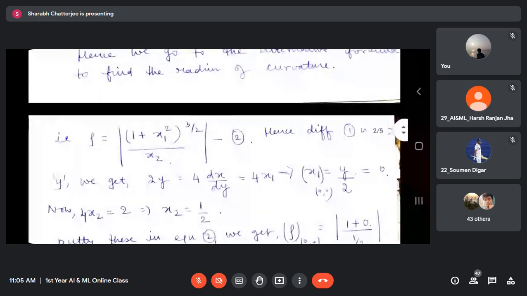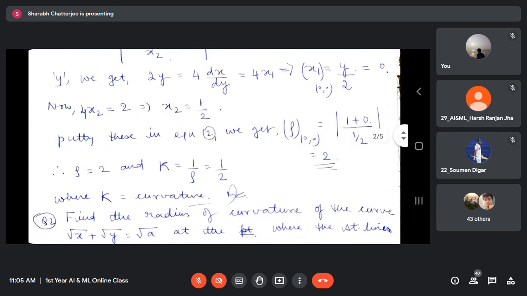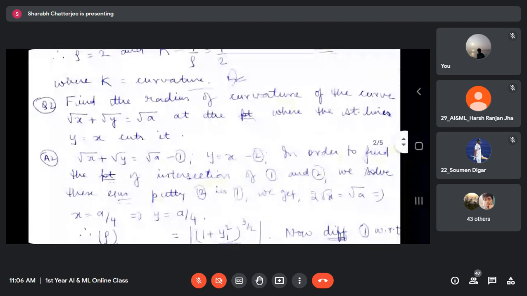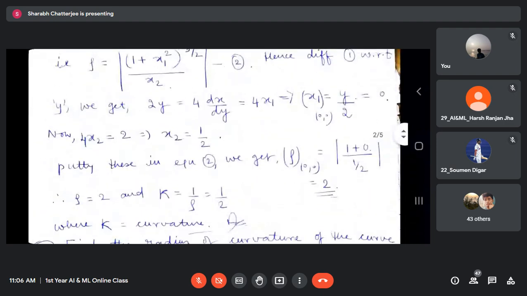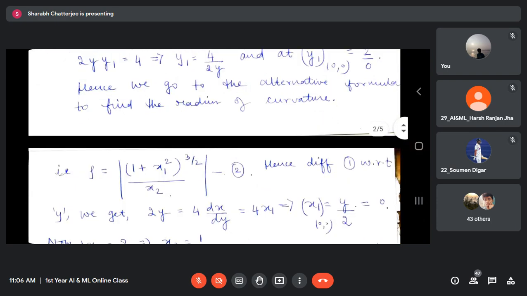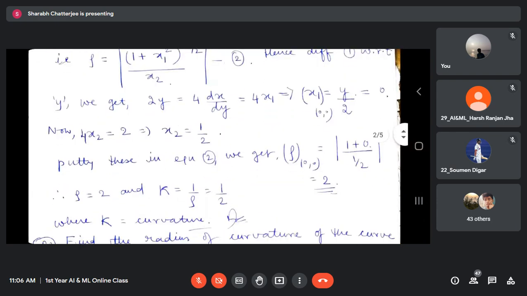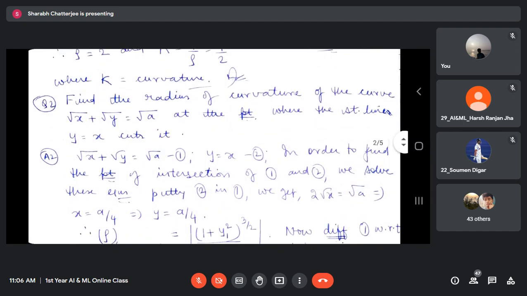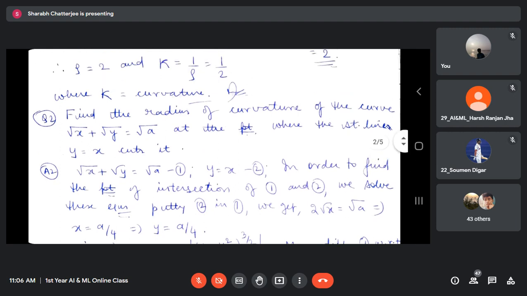It will be easy, diagrammatically also you can say this will be easy. Do one thing, forget that. Do this question, that will be a bit difficult. You cannot find it that way because you'll have this y1 problem. Do this question, question number 2. Find the center of curvature for this at the point a comma a by 4. Tell me.